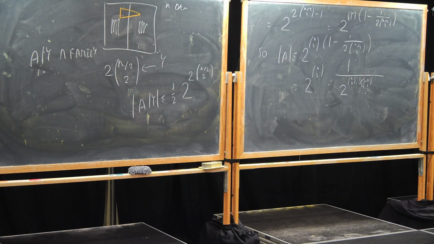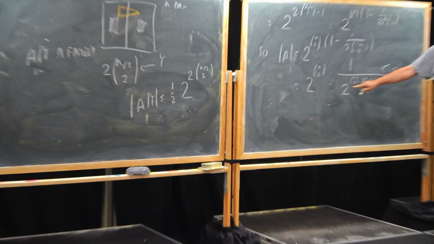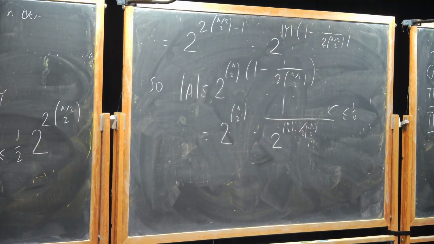And if you work that out, you'll find you get a quarter. You find that's at most a quarter. That thing there is at most a quarter. Kind of clear, right? Because n over 2 gives you a factor of 4. Another factor of 2 makes it 8. This has got an n squared over 2. So you have an n squared over 2, and you're divided by n squared over 8, which makes a 4. So you're dividing by a 4. Okay, great.